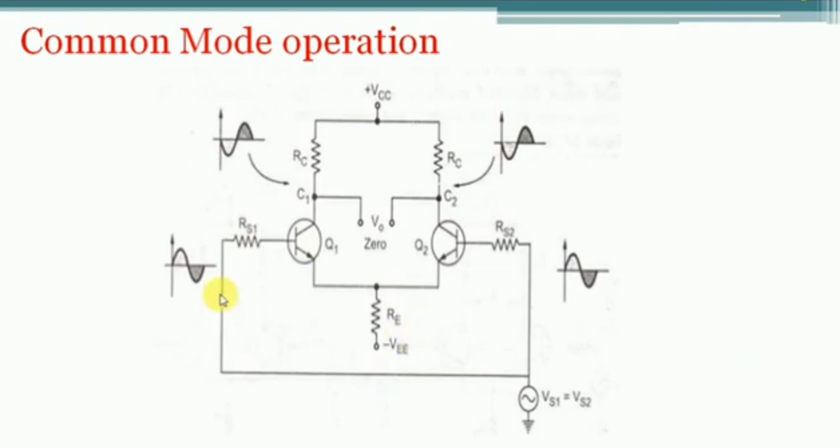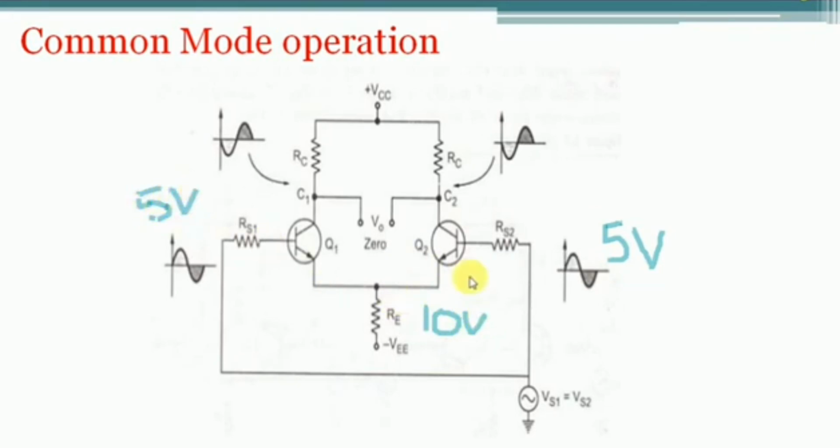For example, if you assume that the two signals are the same, a 5 volt signal will be present at the base of the two transistors. So here a 5 volt signal, and here also a 5 volt signal. At the emitter terminal, these two signal voltages are added up. Finally, we are obtaining a 10 volt signal at the emitter terminal.